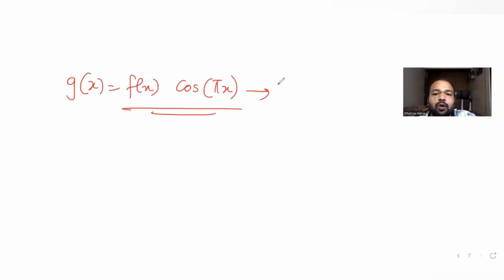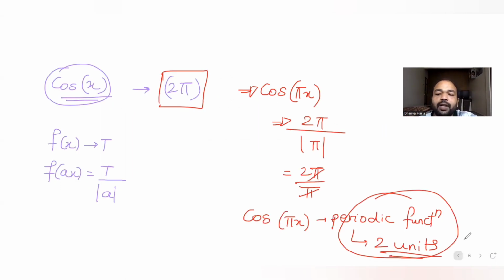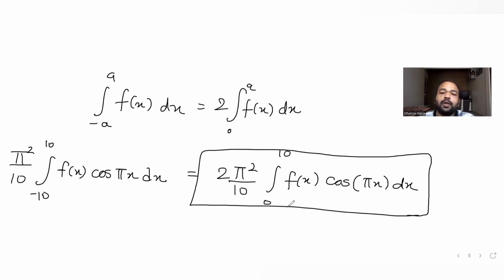I understand that the entire g of x, which was f of x into cos of pi x, is also a periodic function, and the time period for that entire g of x is also 2. So from 0 to 10 the time period is 2 units. I can write this as 0 to 2, 2 to 4, 4 to 6, 6 to 8, 8 to 10.